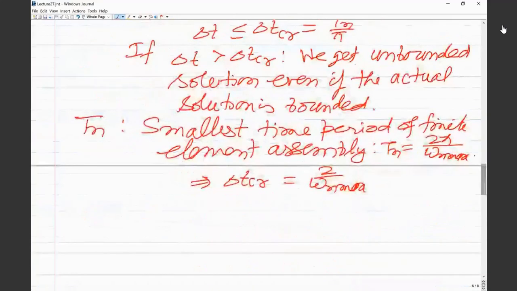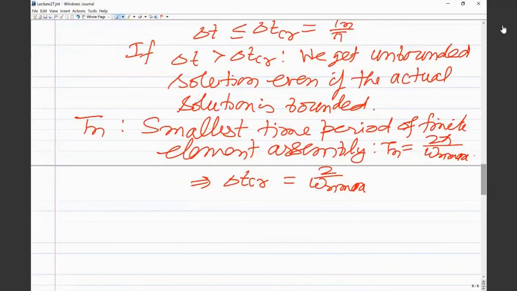Now, the difficulty is that when we solve the eigenvalue problem, we usually try to find the first few smaller natural frequencies. So how do we estimate the highest natural frequency? One simpler approach is that we approximate omega n max as the maximum over all elements.